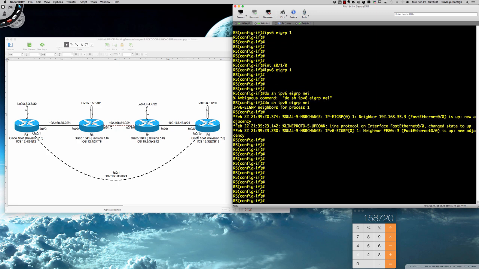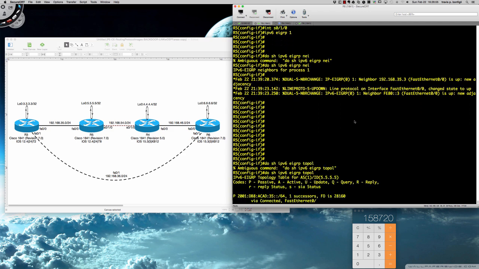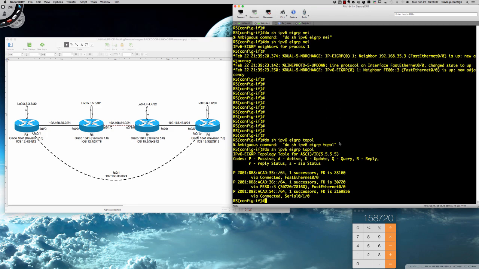Okay, so now let's do the do show IPv6 EIGRP topology. Let's take a look at the topology table. And so it's very similar, right? Sure, we've got these IPv6 addresses in here, a little bigger, a little more to look at and digest, but look at the format. It's identical. We've got one successor, right, via connected FastEthernet.